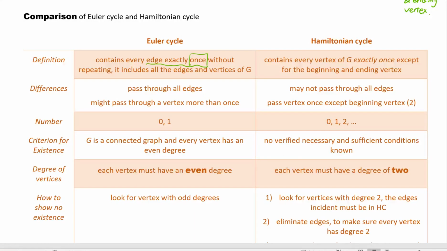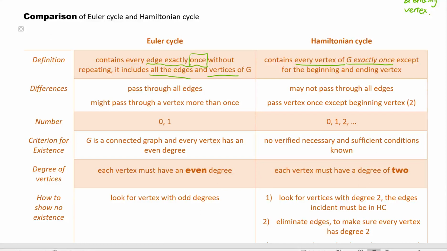It includes all the edges and the vertices of G. A Hamiltonian cycle contains every vertex exactly once, except for the beginning and the ending vertex. So it includes all the vertices, but does not need to include all the edges. Okay, what's the difference? Euler cycles pass through all the edges.